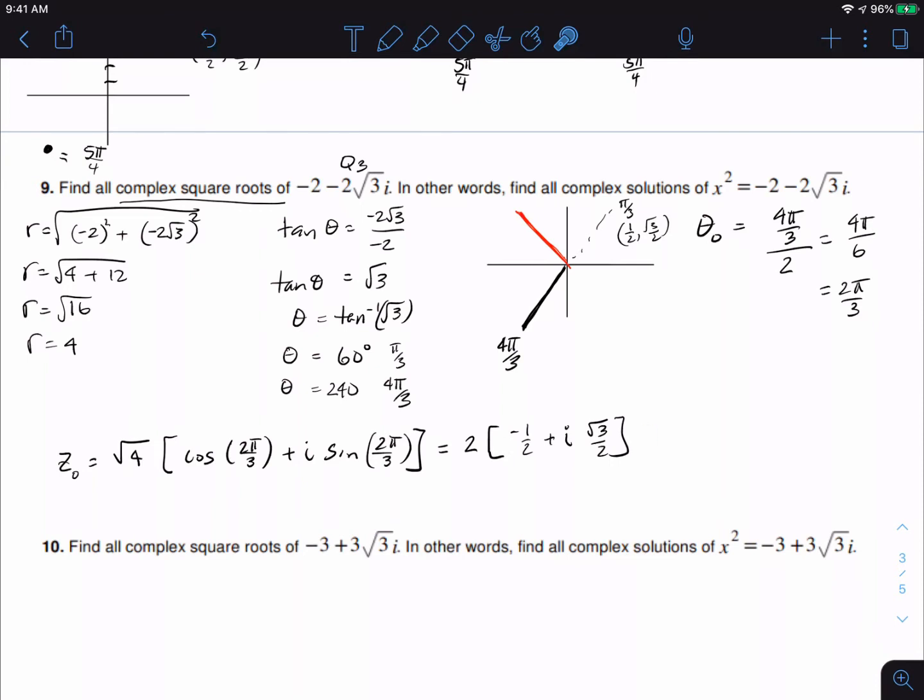And so that's going to give me a negative 1 plus I radical 3. Good?